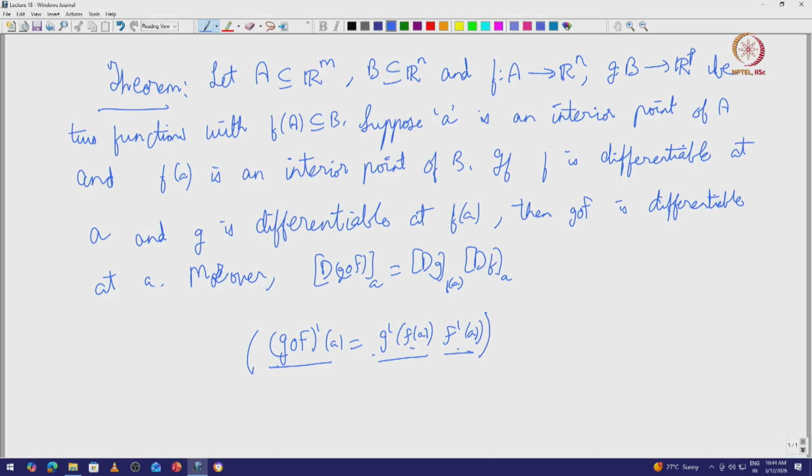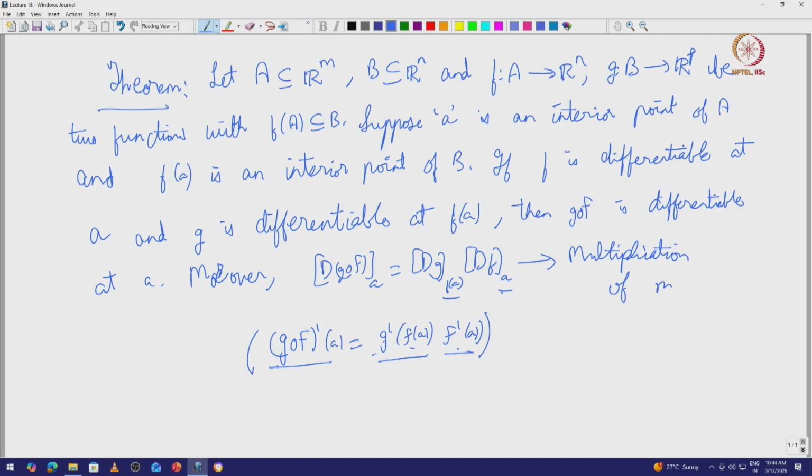So it's very easy to remember the chain rule, and the hypotheses are also easy to remember. For this to be differentiable, obviously you would want g and f to be differentiable at appropriate points. And differentiability makes sense only on interior points, so these two must be interior points. So nothing very shocking about the statement. This is in the sense of multiplication of matrices.